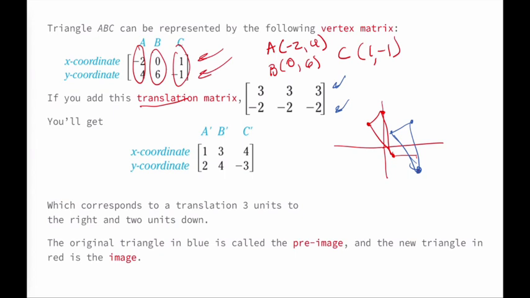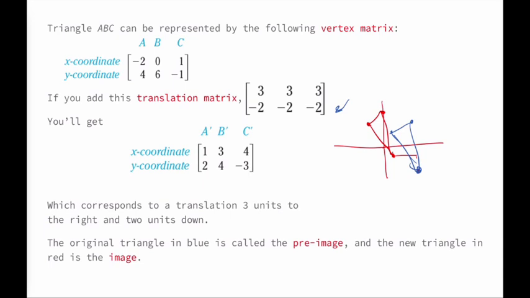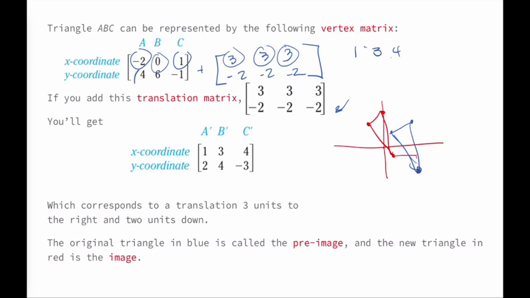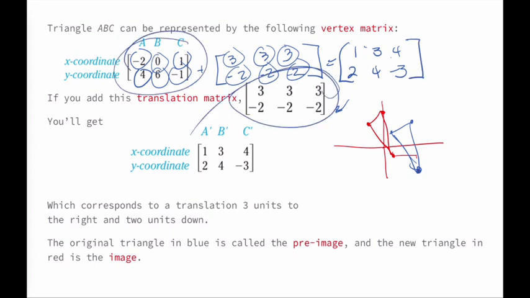So if we have this matrix here, and we add 3, 3, 3, -2, -2, -2, you add -2 plus 3, which is going to be 1. 0 plus 3 is going to be 3. 1 plus 3 is going to be 4. 4 minus 2 is 2. 6 minus 2 is 4. -1 minus 2 is -3. So that's how you get this matrix. If you add the original matrix plus the translation matrix, you're going to get the new matrix.